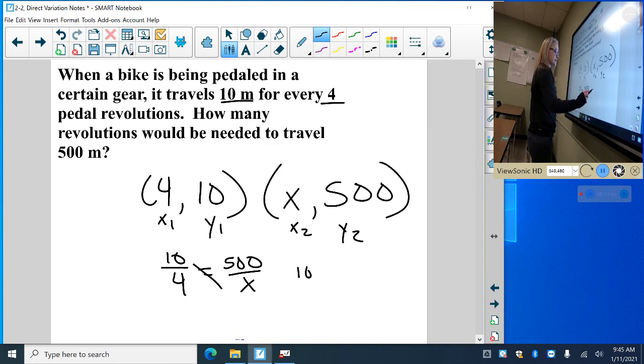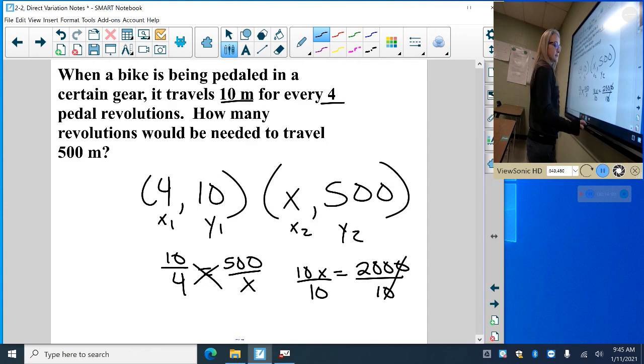So I have 10x equals 500 times 4, which is going to give me 2,000. And then to solve for x, I'm going to divide by 10. Take away a 0, so that gives me 200. So 200 what? Well, how many revolutions? 200 revolutions.